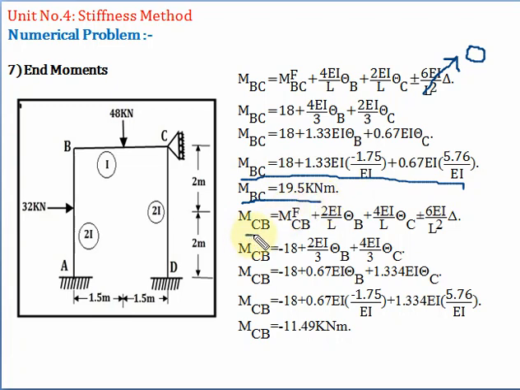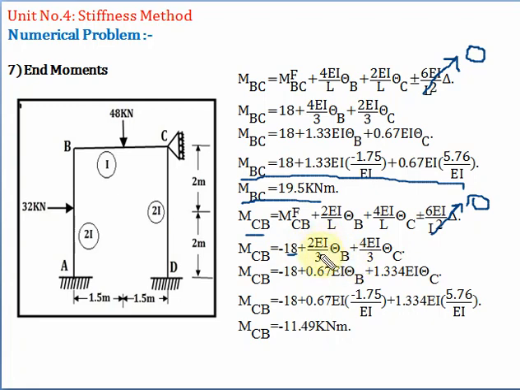Now applying the slope deflection equation to the next member, that is CB. So MF CB plus 2EI upon L theta B plus 4EI upon L theta C plus minus 6EI upon L square delta. Now here again the value of delta is 0. Fixed moment in member CB is minus 18.